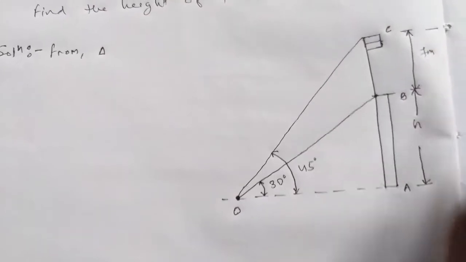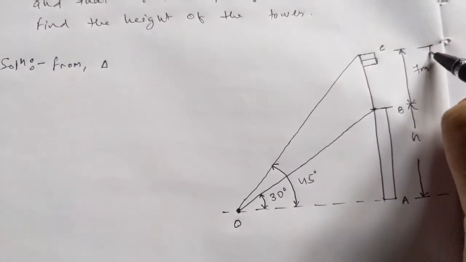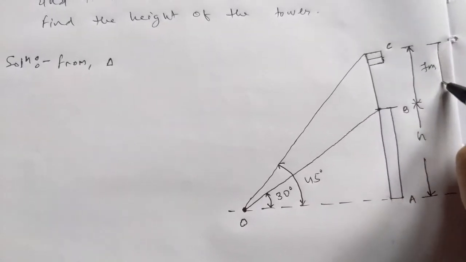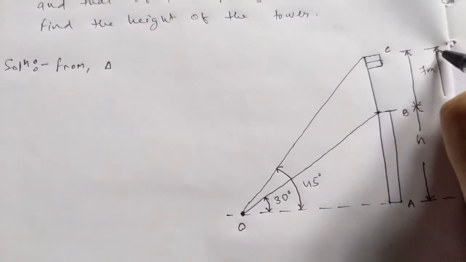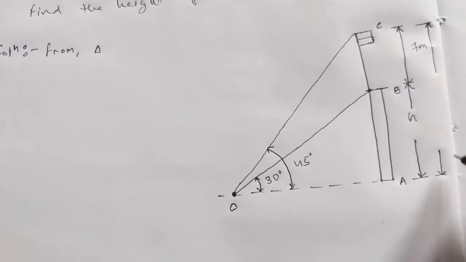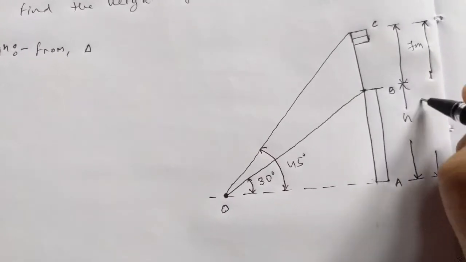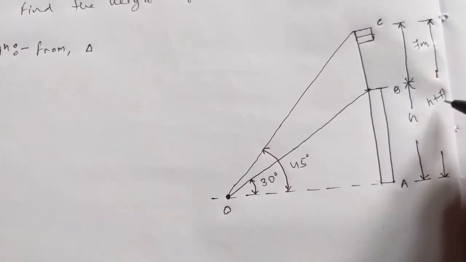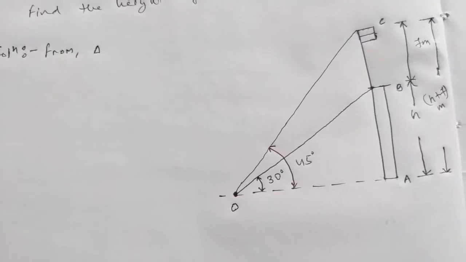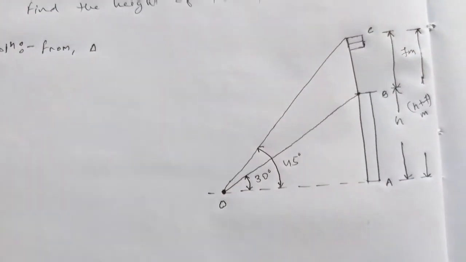The height of the flagstaff is 7 meter, and the height of the tower is not known right now. So this we have to find, and you can consider it h plus 7 meter. So this total height, that is AC, is h plus 7 meter.